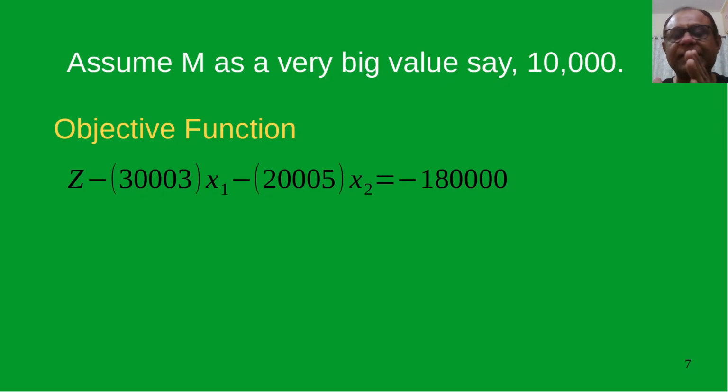You can always look at the constraints and put the maximum value of the constraints, breaking a few constraints here and there, and judge what the value of z is going to be. So replacing M with 10,000, that's the equation you get: z minus 30,000 minus 3x1 minus 20,000 minus 5x2 is equal to minus 180,000.